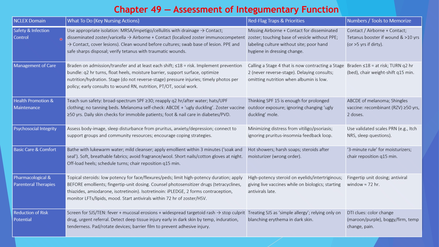I said in the outline about the documentation; I put a little paragraph there about documentation. And you see contact, airborne plus contact, tetanus booster if wound and more than 10 years.